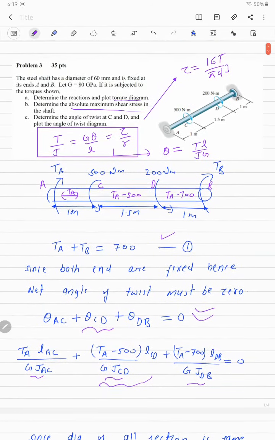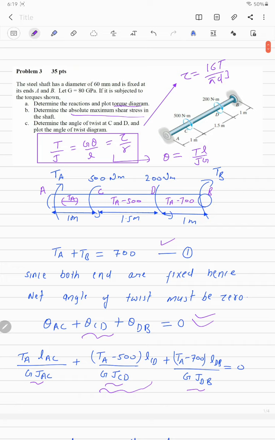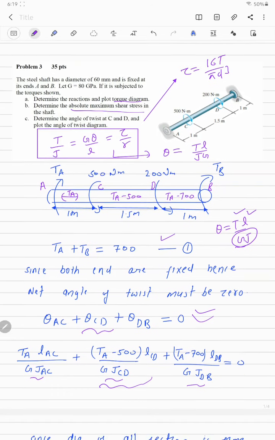So at last we also have to find the angle of twist diagram. From this formula theta equals TL by GJ, we can observe GJ is the same throughout the shaft. The only variables are T and L for each section.